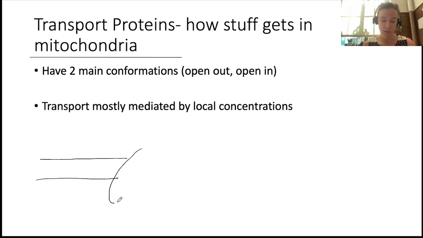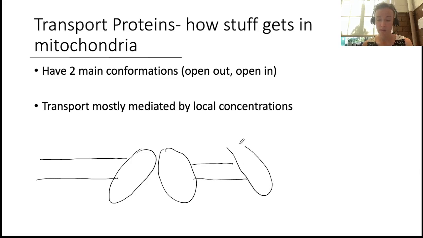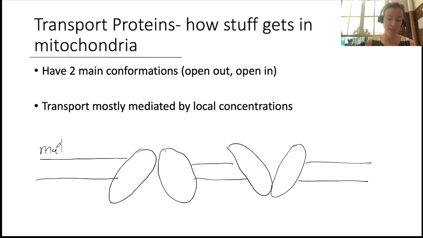So open out, in my cartoon drawing, will look something like that. And open in will look like the opposite. We can imagine that here's the matrix, and this is the inner membrane space.